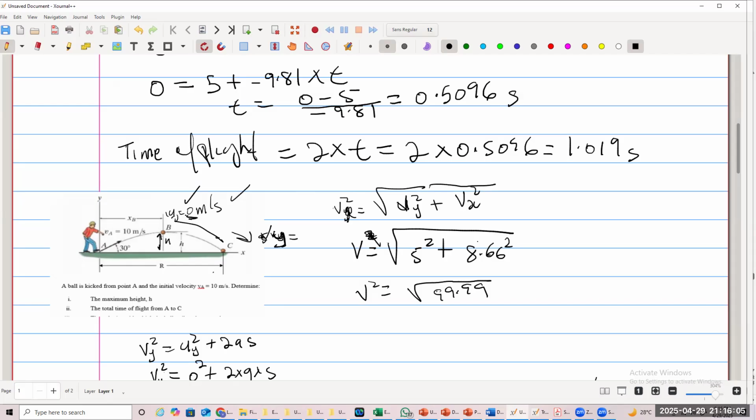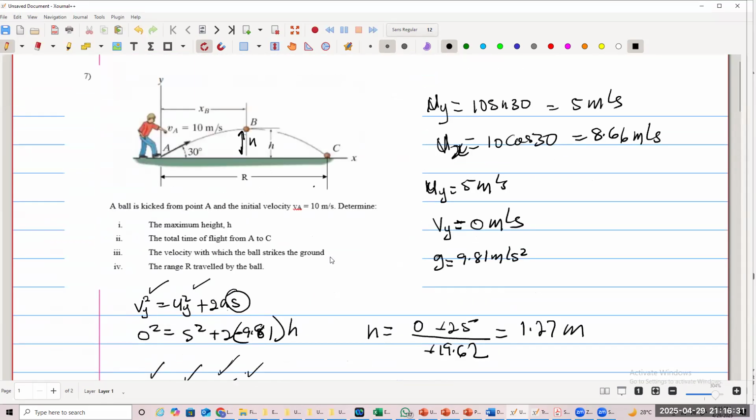You get 9.99, which is approximately 10. And that was what you started with. You remember that, guys? So it shows that it hit the ground back with that final velocity. So you have to demonstrate that. If you give me any 10 there without demonstrating that, it is 0, for example.